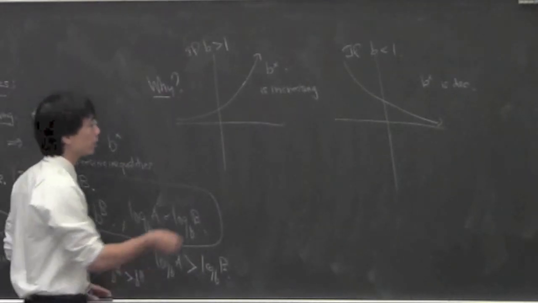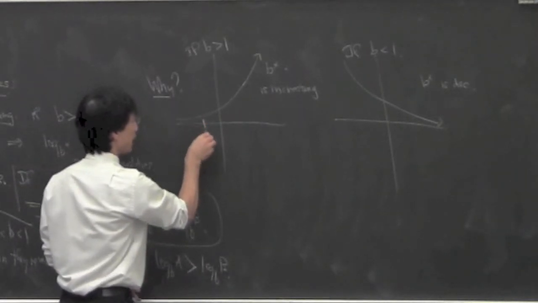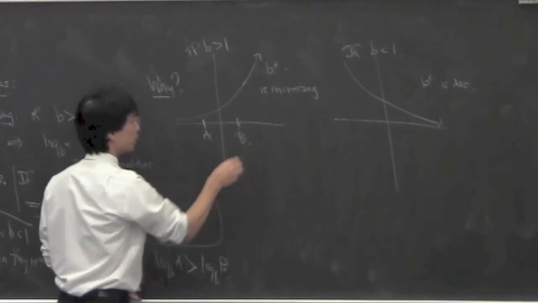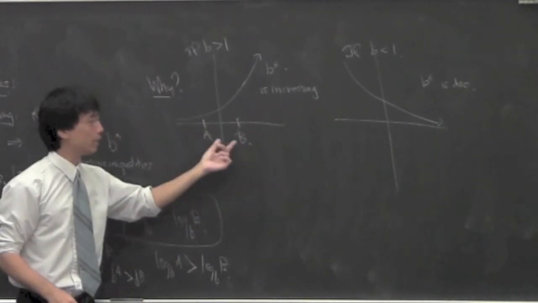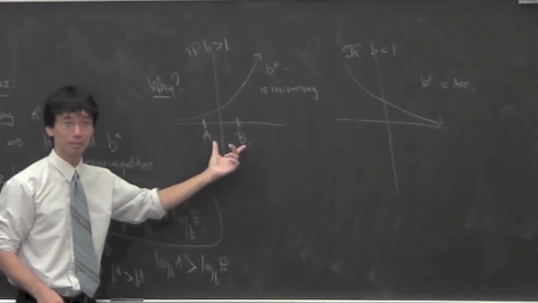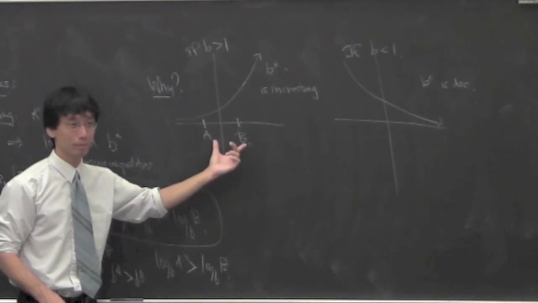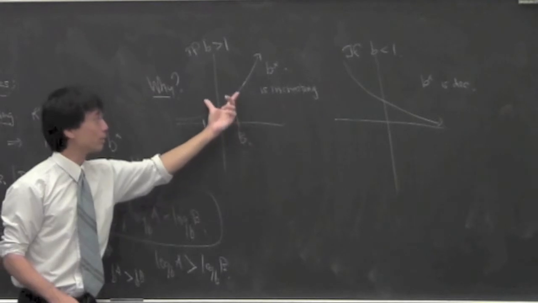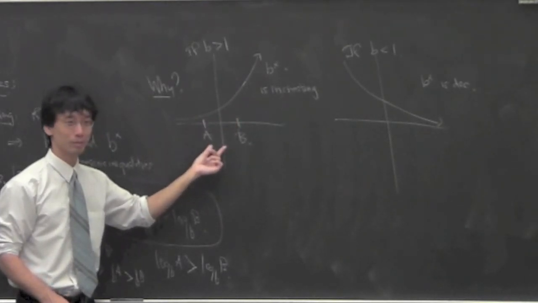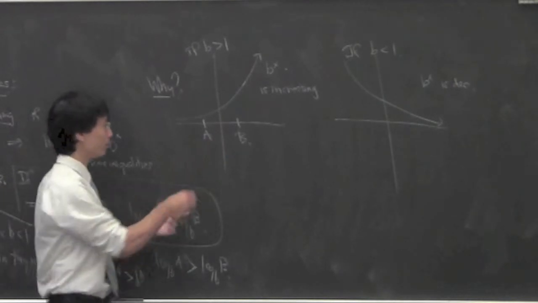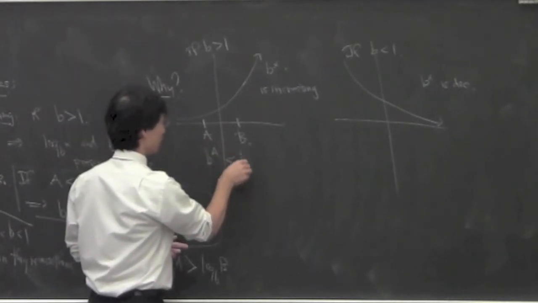So think, if you have two points a and b, what's the relation between b to the a and b to the b? If a is less than b, here's my function. b to the a, is it bigger or smaller? Smaller, right? b to the a is smaller than b to the b.